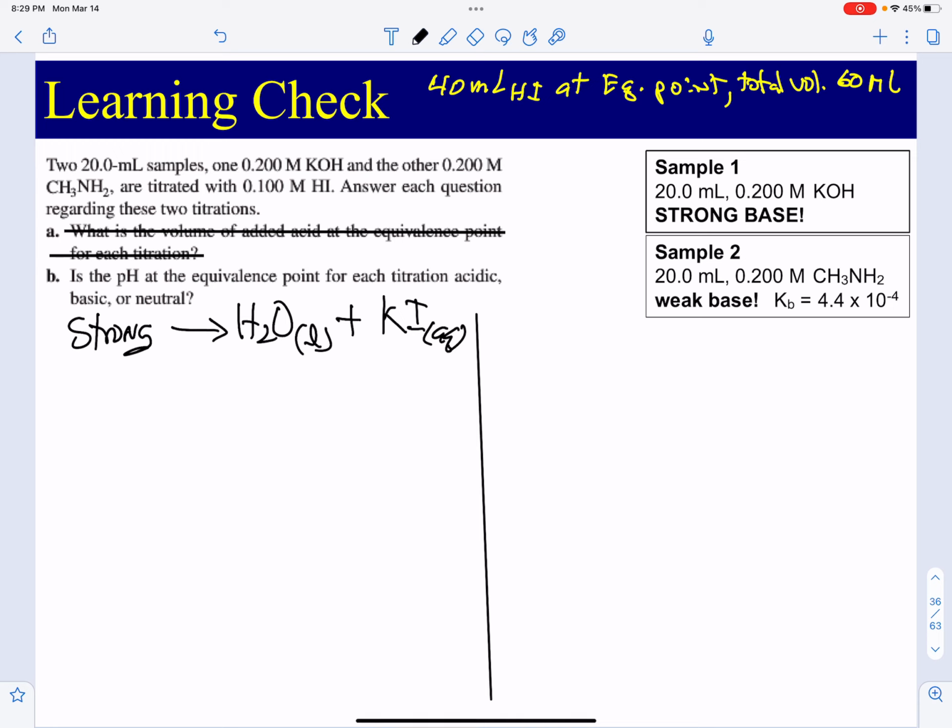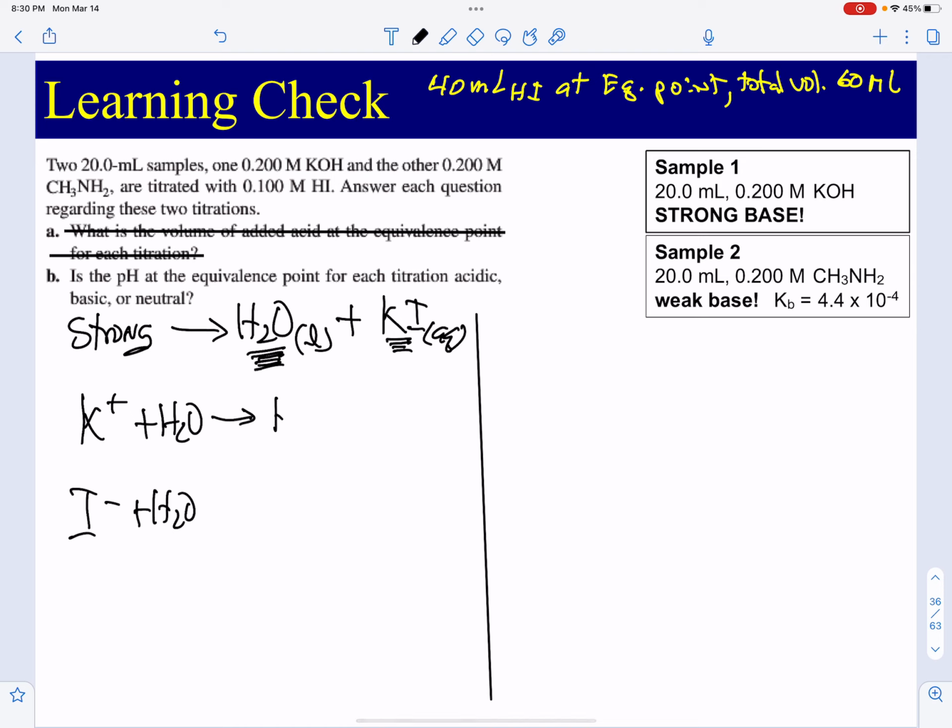And then you can say, well, does having water affect the pH? No, it doesn't. It's neutral. Does having KI affect the pH? Well, that's a salt, and you know how to deal with that. You know how to evaluate salts to see if they affect the pH. So you're going to have K plus, and you're going to have I negative, and we're going to react both of them with water.